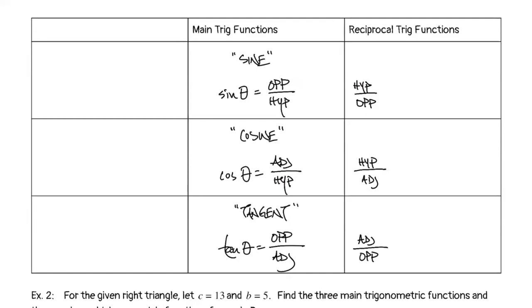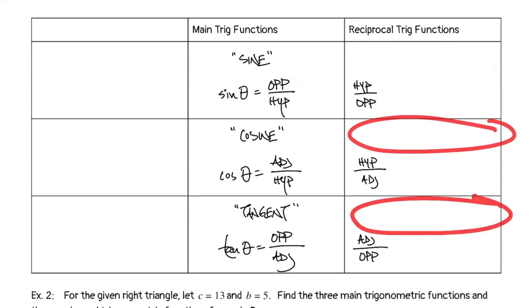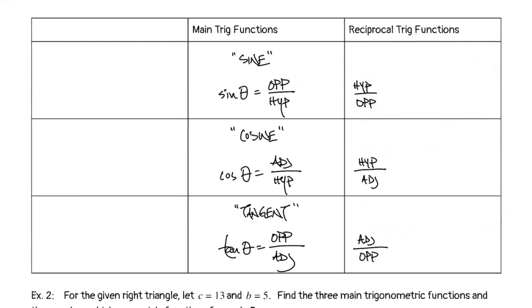Life would be easy if this was reciprocal sine and reciprocal cosine and reciprocal tangent. But mathematicians didn't name it that way. So here are the names that go with the functions that we've just written.